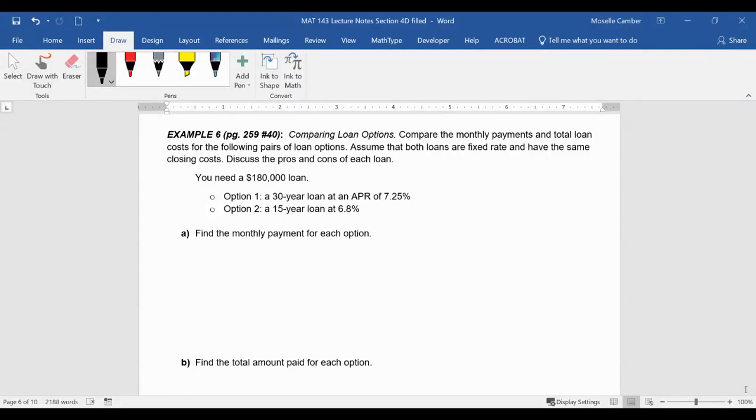Okay, so for the first option, our principal is $180,000. Our APR is 7.25%, so 0.0725. For N, we're making monthly payments, and we are making them for 30 years.